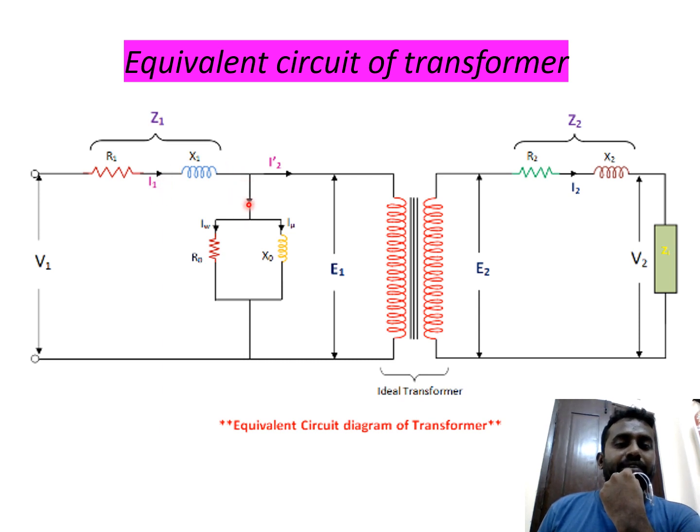As I told you, you'll have some I0 component. This is I0, which is the combination of Iw and I mu, that is R0 and X0, the core loss component and magnetizing component. V1 is the supply voltage, V2 is the load voltage across the load impedance ZL, and Z1 and Z2 are the impedances of the primary and secondary winding.